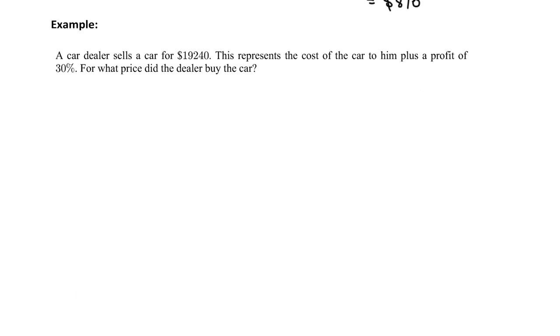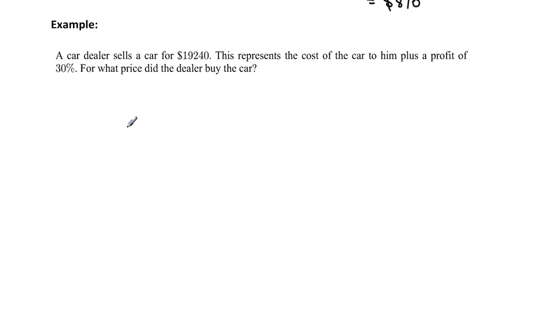Alright, the last example that we're going to look at is for a car dealer who sells a car for $19,240, and it represents the cost of the car to him plus a profit of 30%. So it says, what price did the dealer buy the car for?